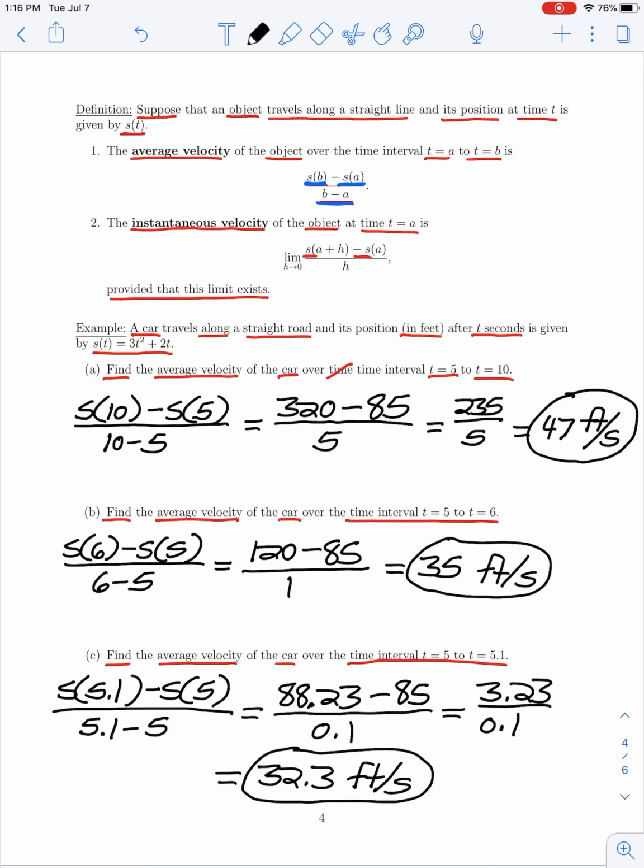So the values that we found for the average velocity in parts A, B, and C are approximations of the instantaneous velocity of this car at time 5 seconds, because we're shrinking the length of our interval down to essentially a single point in time, t equals 5.